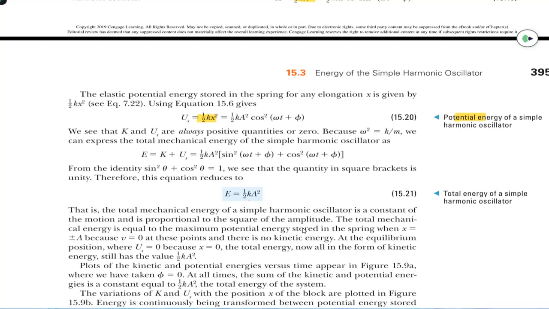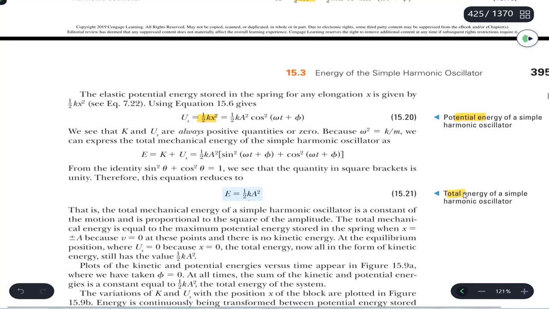So without further ado, let's look at another expression. We call it total energy. Provided here, for a simple harmonic motion, if you know the amplitude, then straight away you can calculate the total energy of the system.